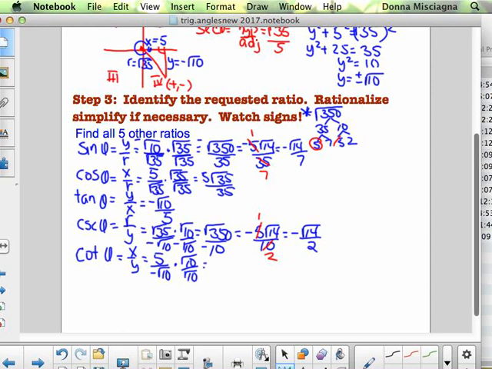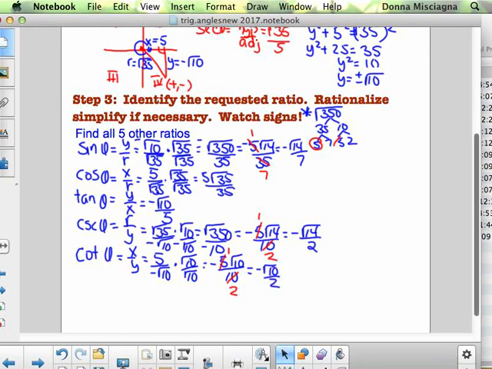So that'll be negative 5 square roots of 10 over 10, and oh, look at that, we could reduce that. So divide by 5, this will now be a negative 1, and this will now be a 2. And so our final answer here is negative square root of 10 over 2.